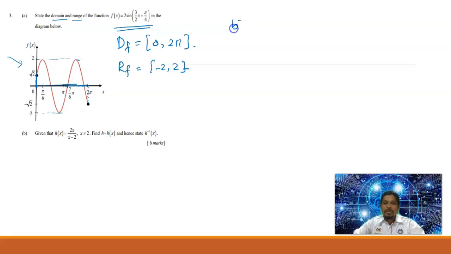So, question B, this is your h(x) equals 2x divided by x minus 2. So h(h(x)) is equal to h of 2x divided by x minus 2.